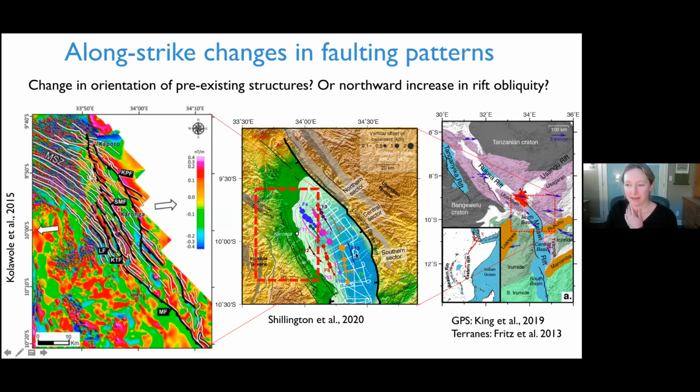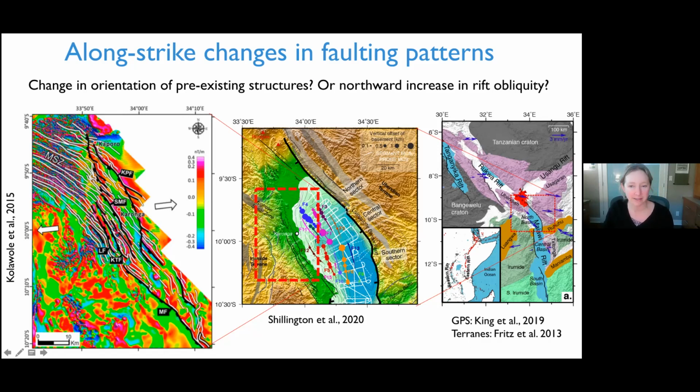One is a change in the orientation of pre-existing structures. Some of Fola's earlier work has used magnetic data to characterize the pre-rift structures, and we see a rotation to a set of structures that are more oblique to the rift, where he showed that you also had more broken up and segmented rift faults.